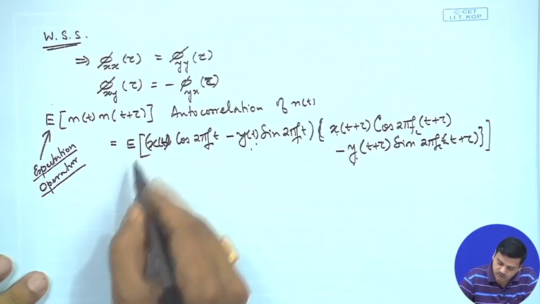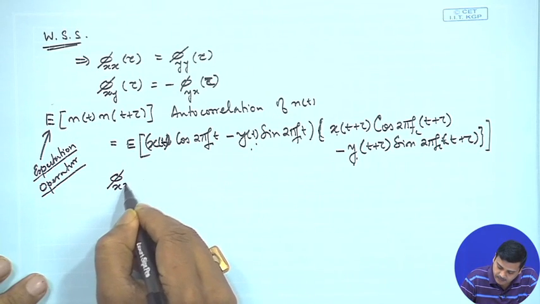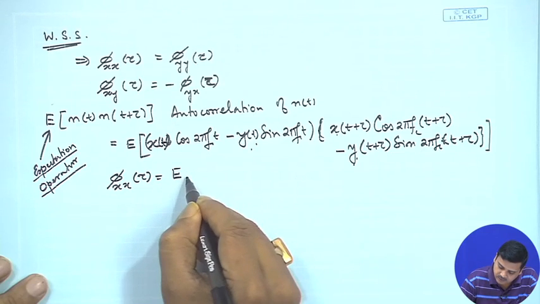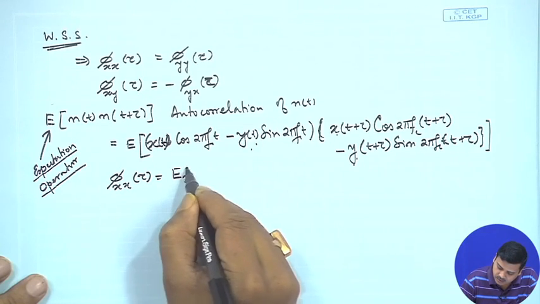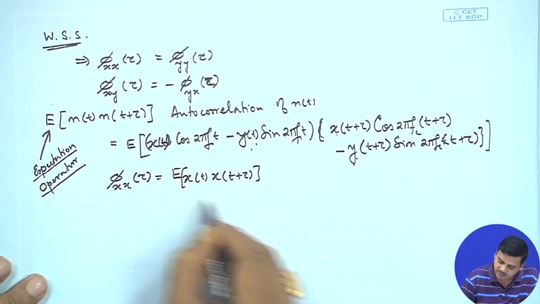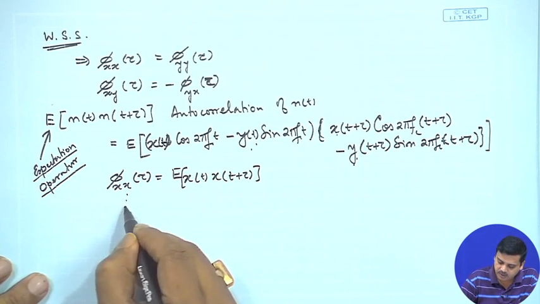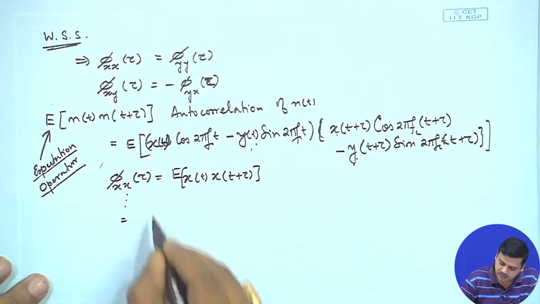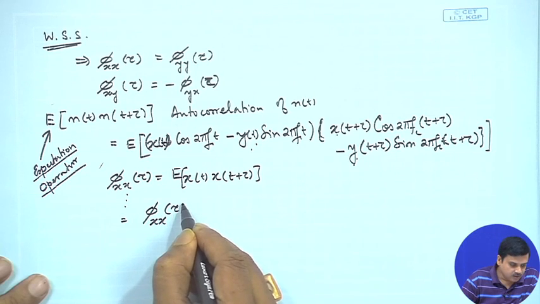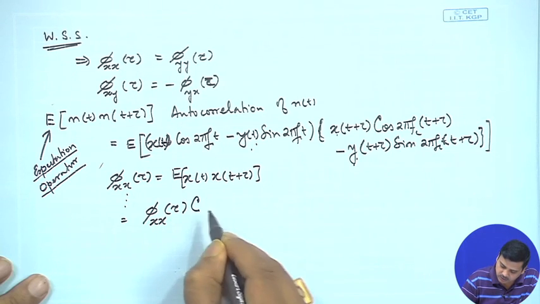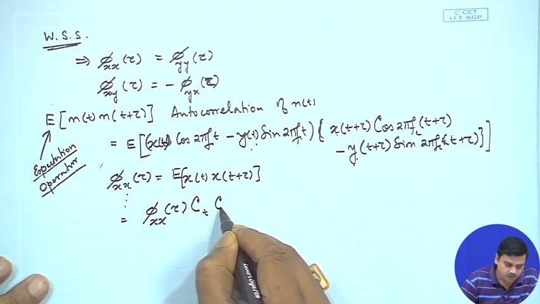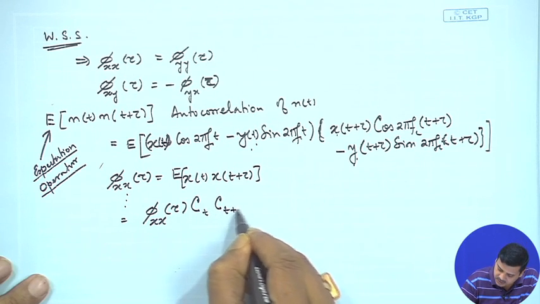So, if that is so, we will have phi_xx of tau is basically E of x(t) x(t plus tau). So, similarly, we are going to write all the relationships. What we will get here is phi_xx of tau, I will write in short, cos 2 pi f_c t and cos of 2 pi f_c (t plus tau).